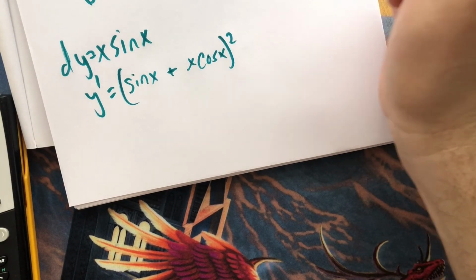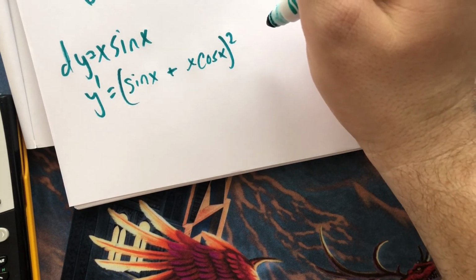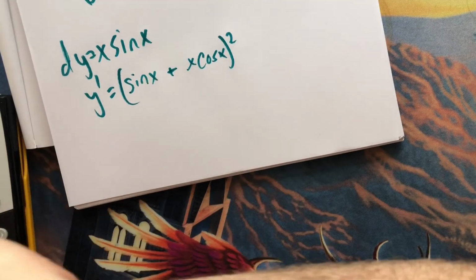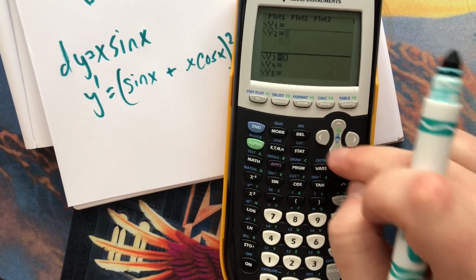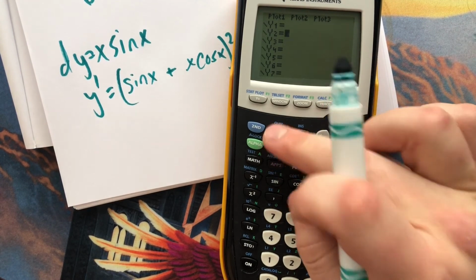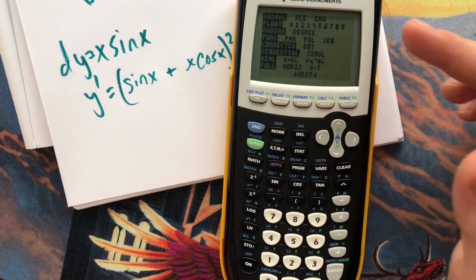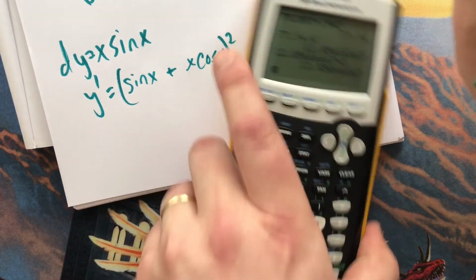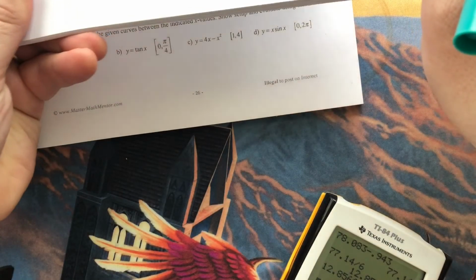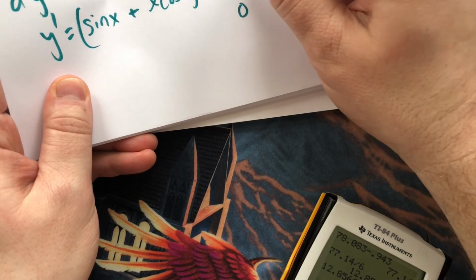No, I'm not going to do that. If I was trying to calculate this in my calculator, this is worth doing. Let me make sure I'm in radian mode. Remember, in physics class, a lot of times you're going to be in degrees, and in our class, you're going to be in radians. It's going from 0 to 2 pi.